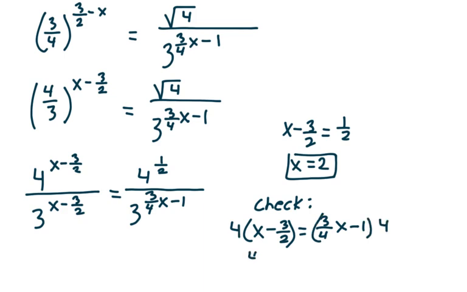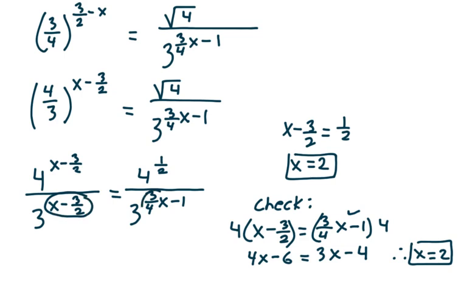And so 4x minus 6 is the same as 3x minus 4. And I claim when I solve for x, I'm going to get x equal 2. So notice how I got the same thing solving this equation, right? So in other words, setting these exponents equal and then setting these exponents equal. This one's a tough problem.